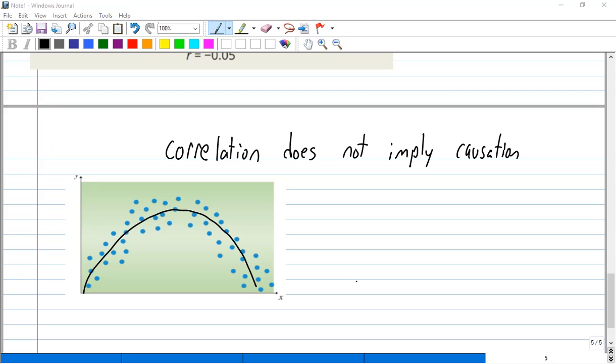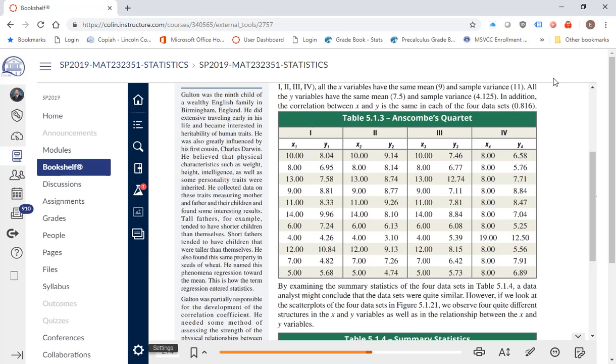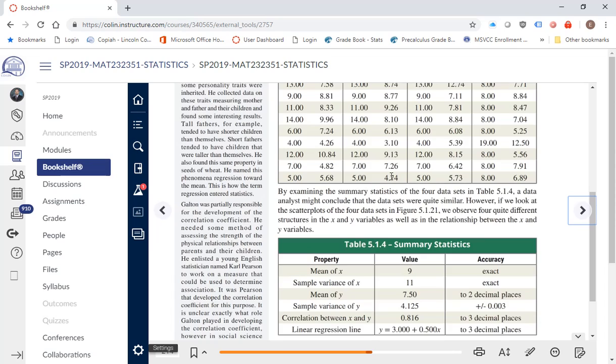All right. So we all know how to calculate R now. So imagine calculating R for these sets of data. That's a lot of values to figure out.